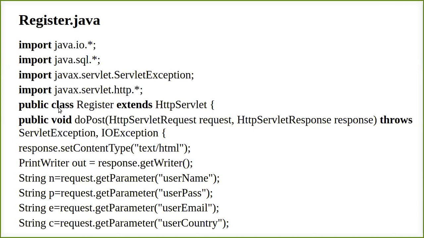So you would write class register implements Servlet, because that's an interface. But I want to use the second package because it is more protocol specific, that is using the HTTP protocol. So I'm going to use the HttpServlet class, because it comes inside your http.* package, and it is a class. That's why we are using the keyword extends.